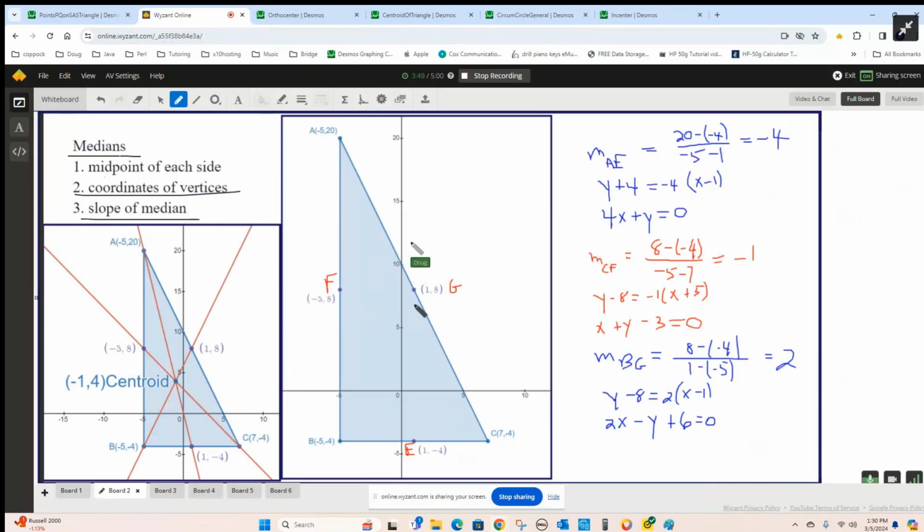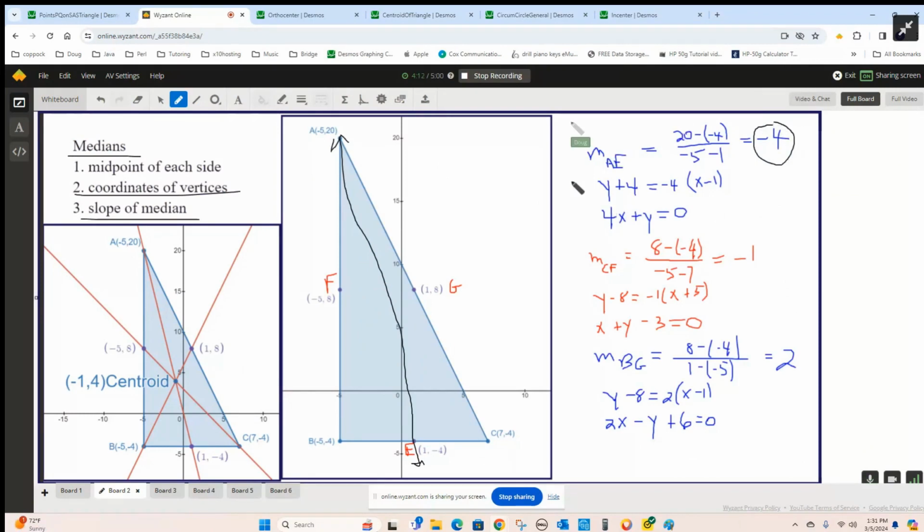If you want the equation of median AE, here's A, this is E down here. You need the slope, and it turns out that slope is negative 4. And then you can use point slope.